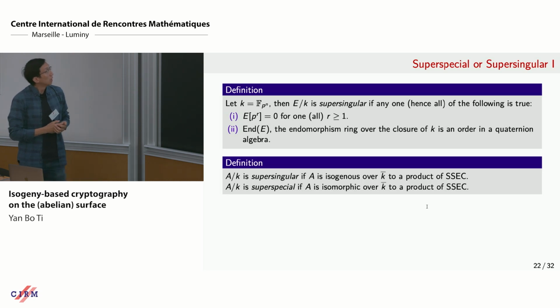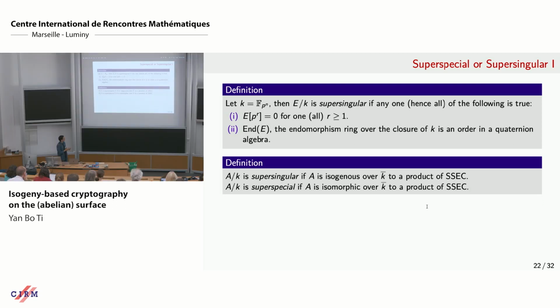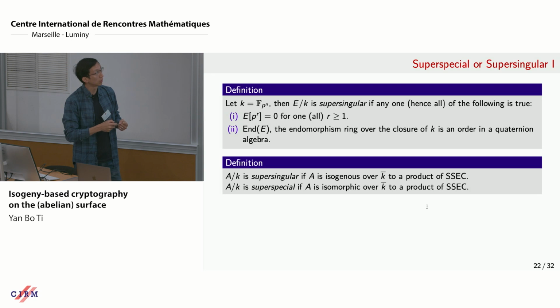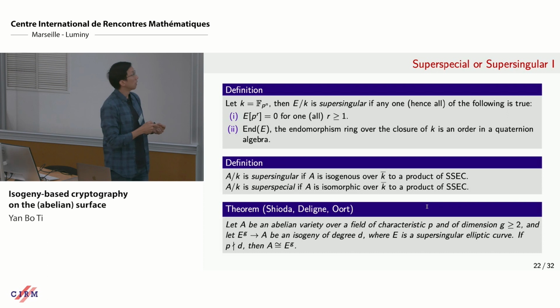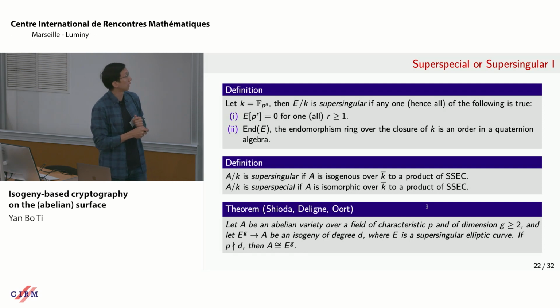When you go to higher dimensions, we say that A is supersingular if A is isogenous over the algebraic closure of the field to a product of supersingular elliptic curves, and A is super special if it is isomorphic over the closure to a product. And we actually have something even stronger: we don't actually need a product, we have a power of a particular elliptic curve. So any elliptic curve you choose.